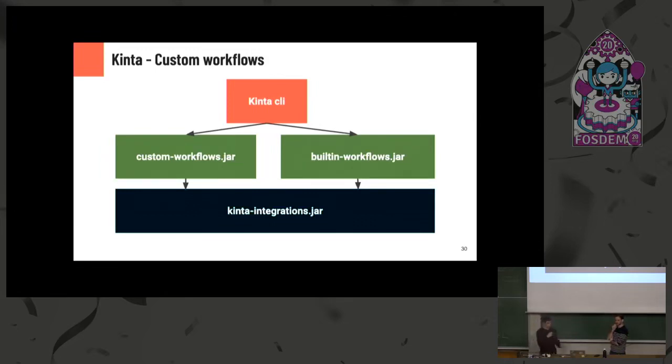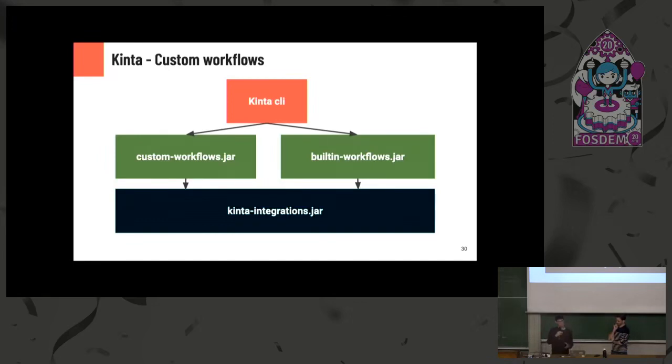And to match processes from different organizations, we have custom workflows. When we initiate Kinta, we create an environment where developers can write their own workflows. This is where all our specific Dailymotion workflows have been coded.